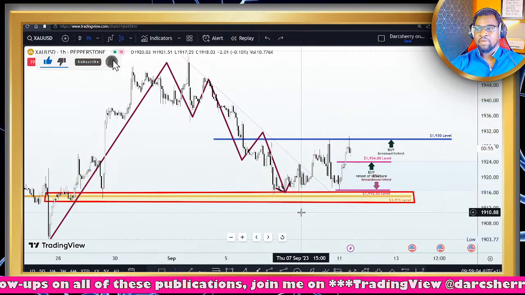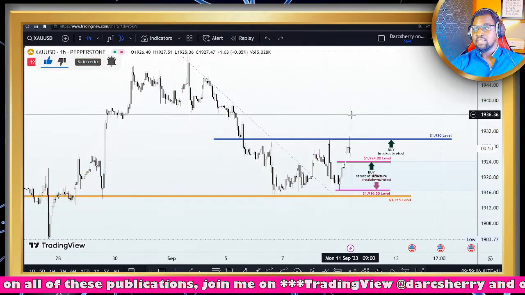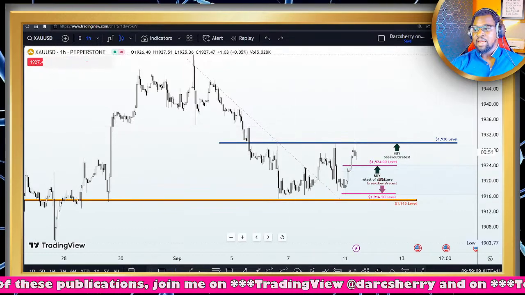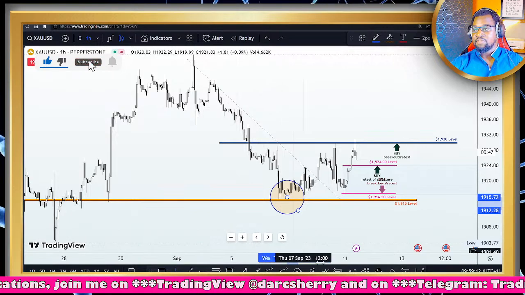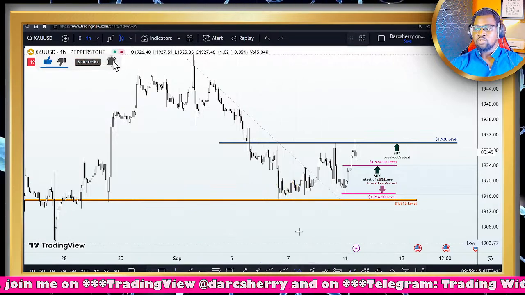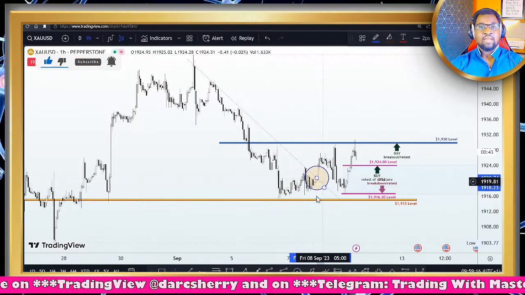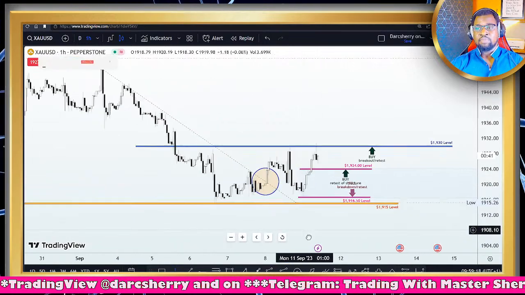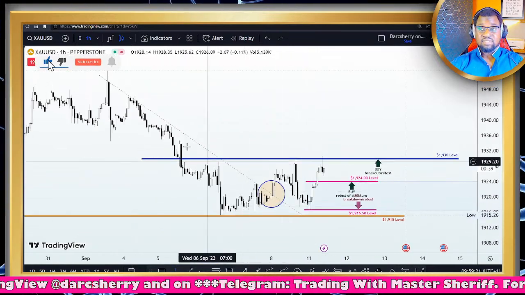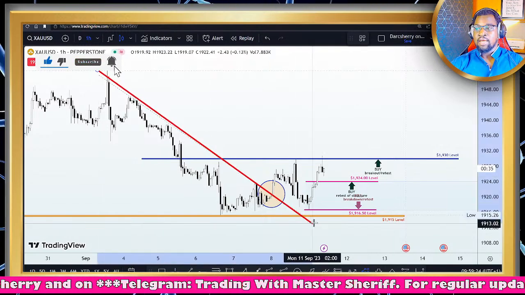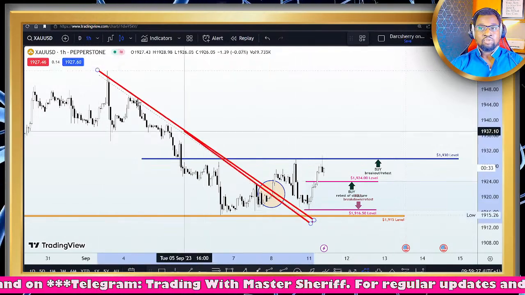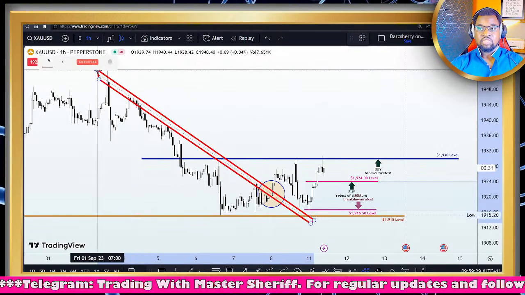Now, this is where it becomes interesting. In this scenario, after price action found buying pressure around the 1,915, we saw the breakout of the descending trend line. And for us, when price breaks out of the descending trend line, it is a clear sign that the trend line may no longer have the capacity to continue to negate that bullish attempt.